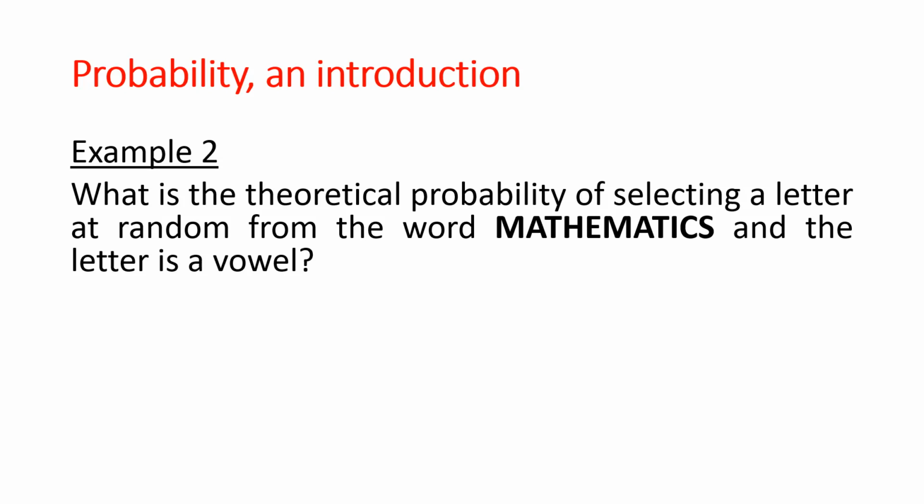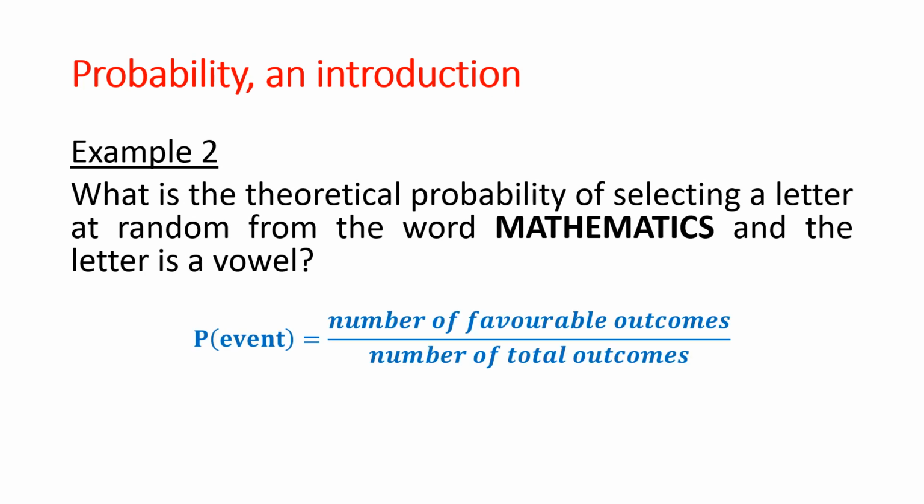Right, here's example 2. What's the theoretical probability of selecting a letter at random from the word mathematics, and the letter is a vowel? Here's our rule again. The event we're trying to find is selecting a vowel. Remember, a vowel is A, E, I, O, U. Well, we have 4 favourable outcomes.